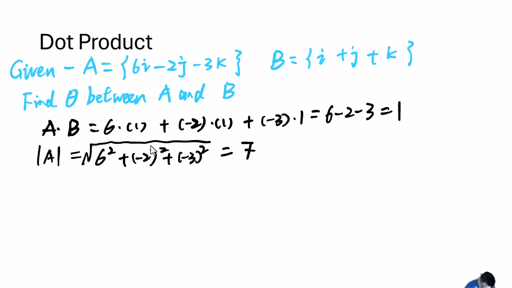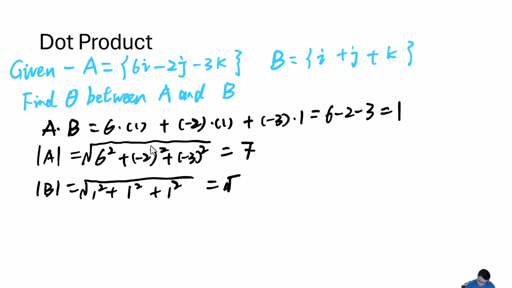The magnitude of B is the square root of 1 squared plus 1 squared plus 1 squared, the square root of 3, which is 1.732.